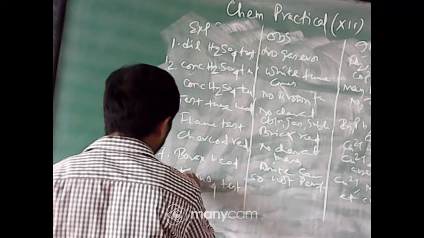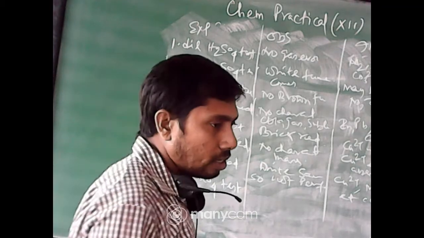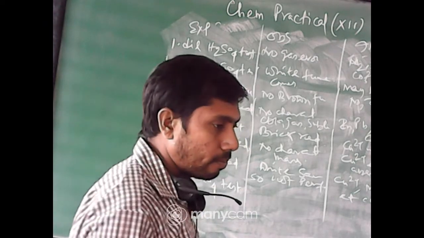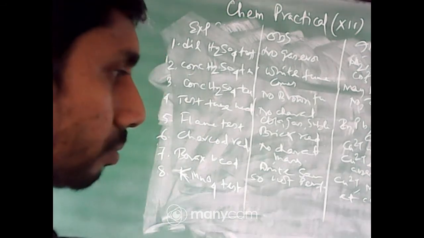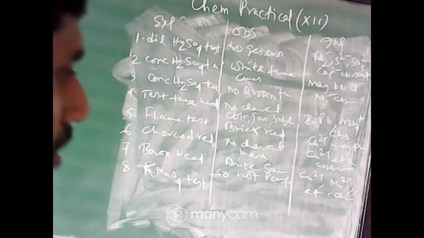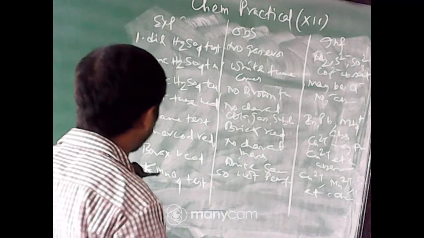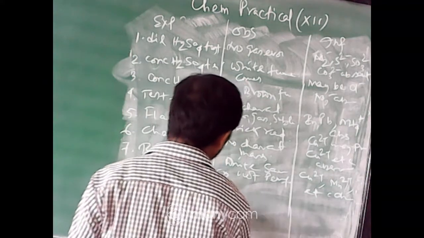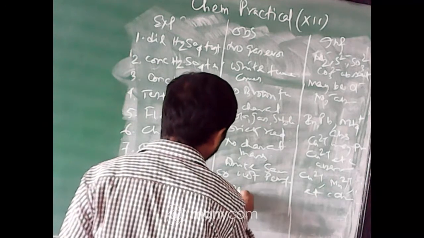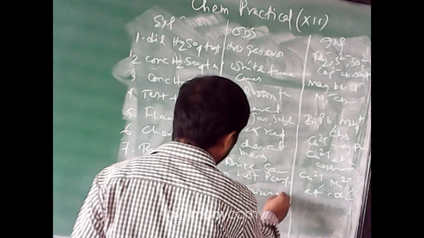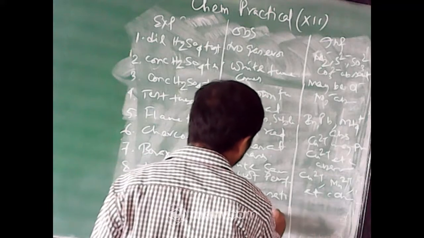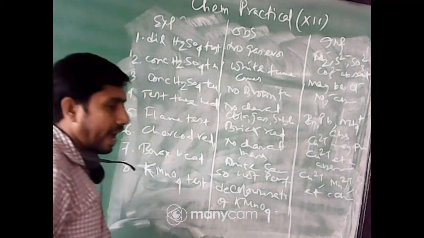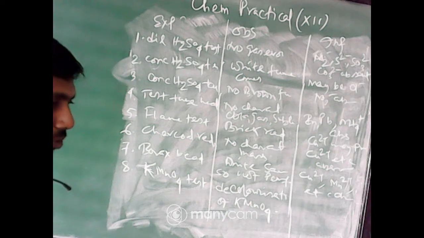KMnO4 test. Here, as chloride is present, decolorization will be there. Decolorization of KMnO4: the color of the KMnO4 will fade when you add the sample to this KMnO4.